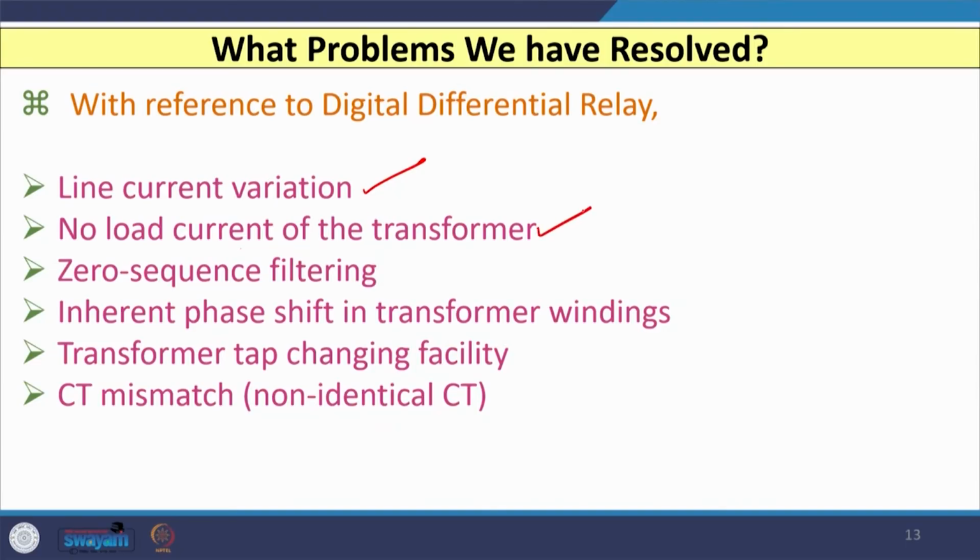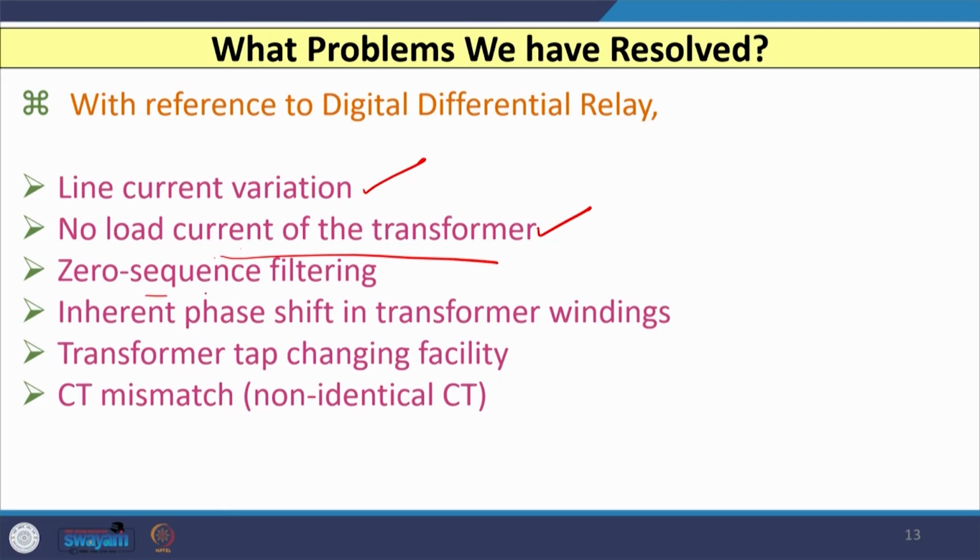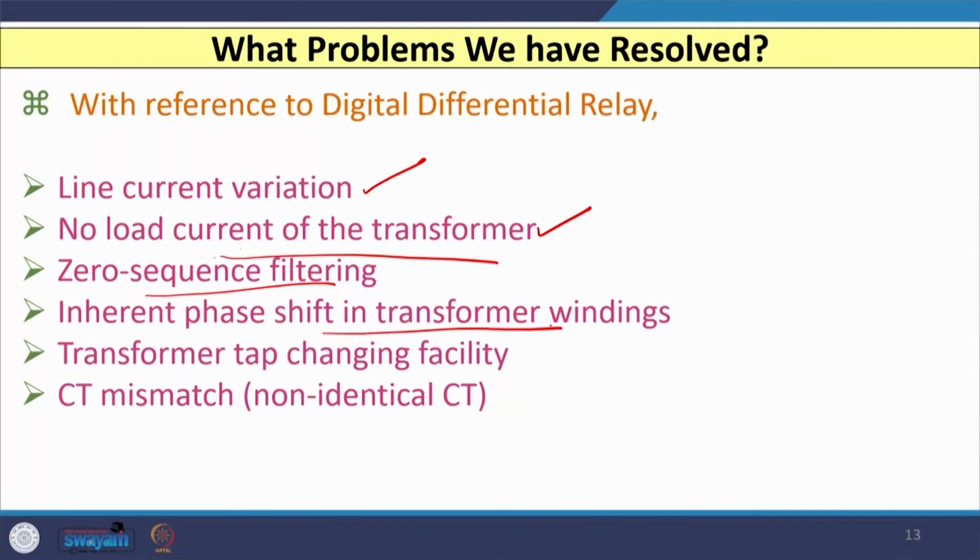Then we have discussed the no load current of the transformer. When the transformer is working in steady state condition, the no load current is very small. Then we have obtained the zero sequence filtering using mathematical equation, inherent phase shift also using mathematical equation, some matrix, and we do have the transformer tap changing facility.